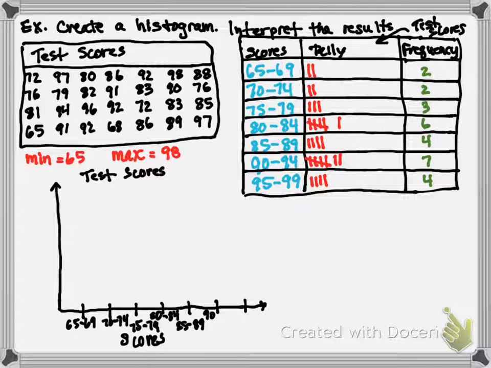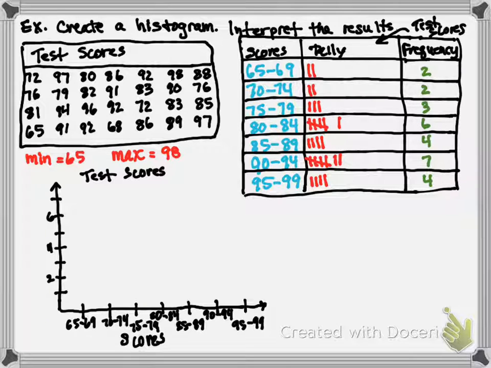Up. 90 to 94. Down. 95 to 99. Now, as tall as we need to get on the left is up to 7. 1, 2, 3, 4, 5, 6, 7. And I'm just going to count by 2s.